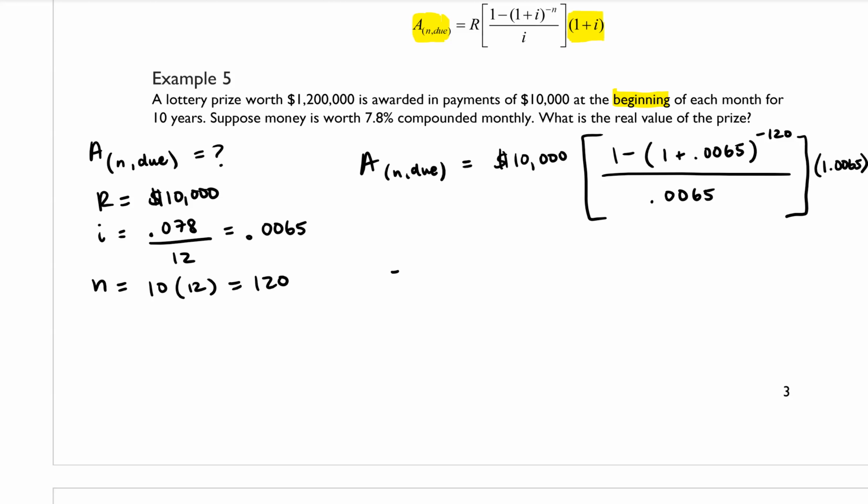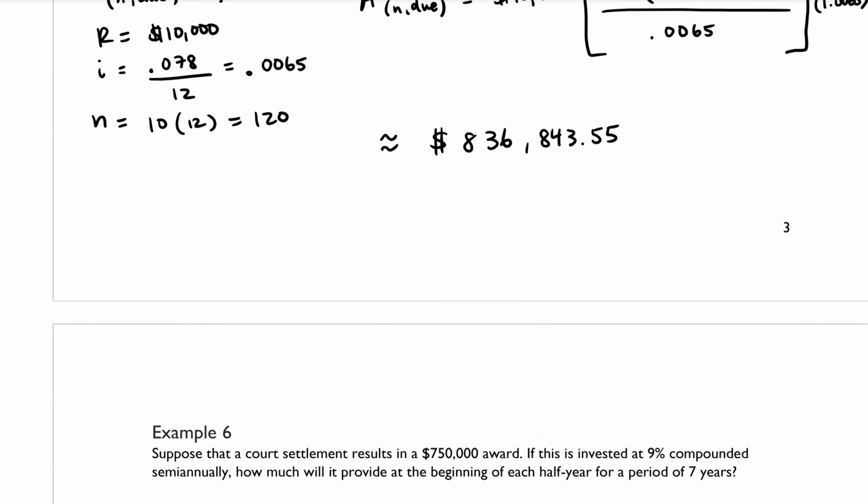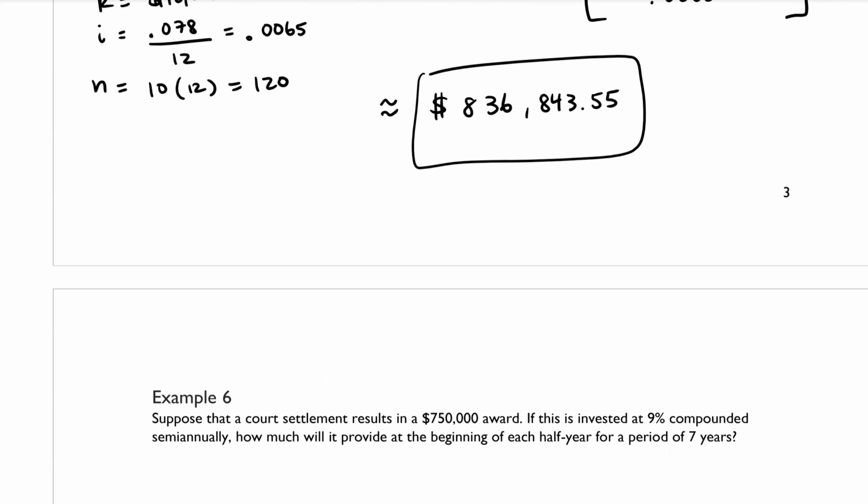Okay, so let's throw that into our calculator. So you should get that lottery prize, in reality, the real value ends up being about $836,843.55. Okay, I forgot to box my answer.